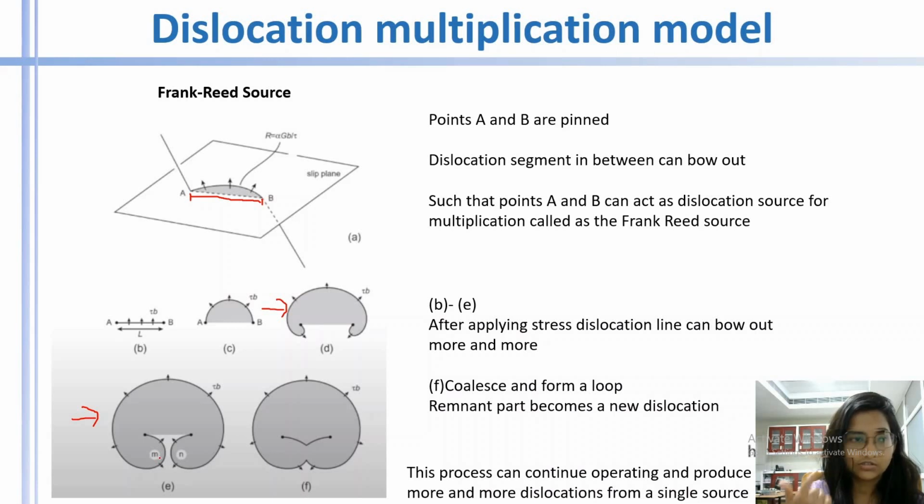This is called dislocation multiplication.